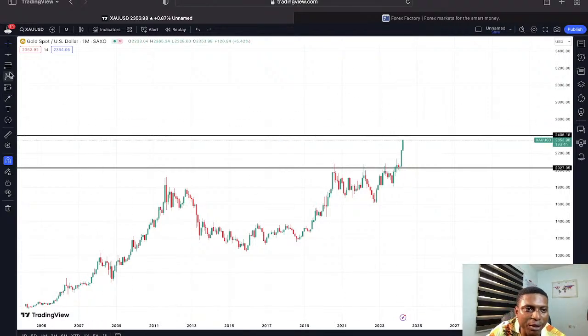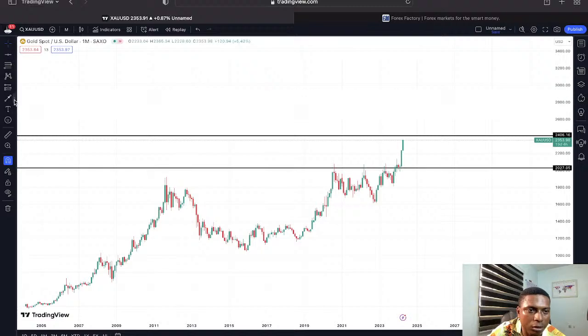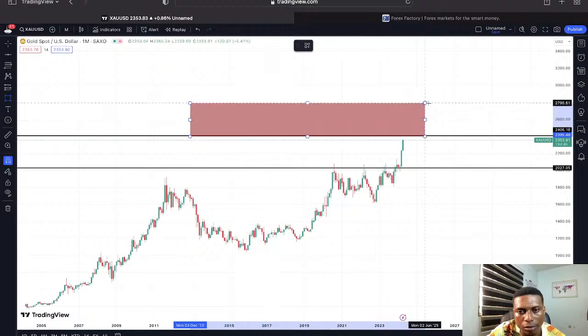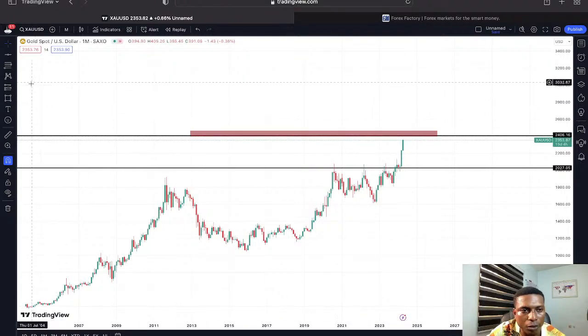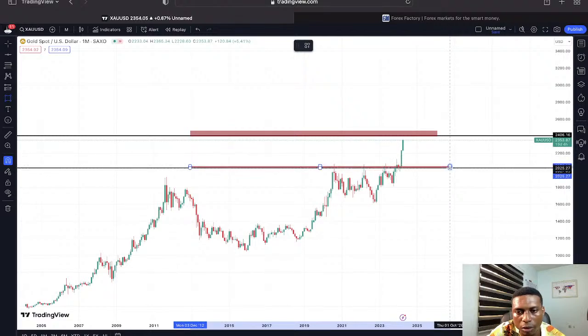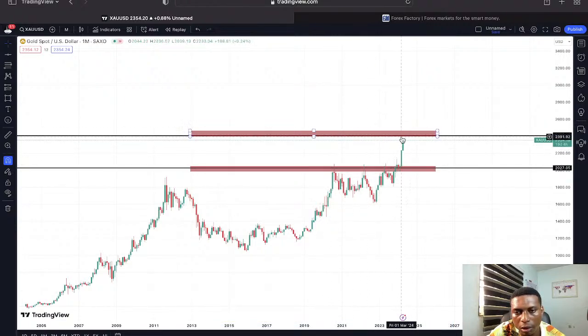From this level here, gold might reject.